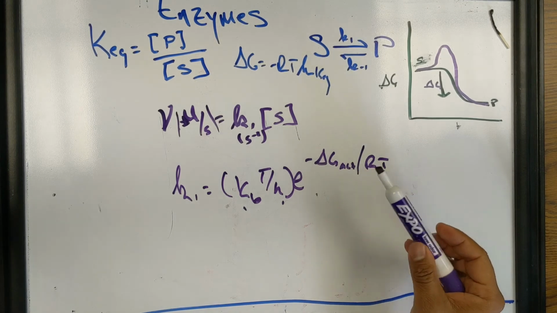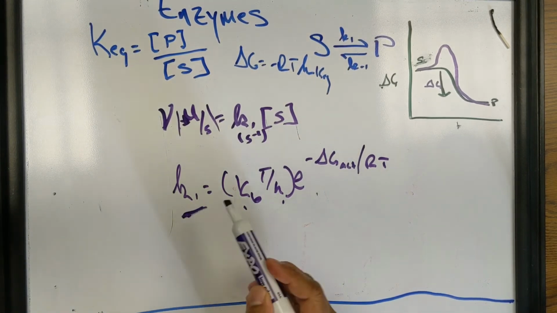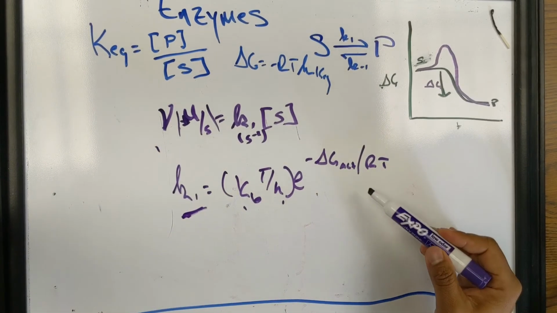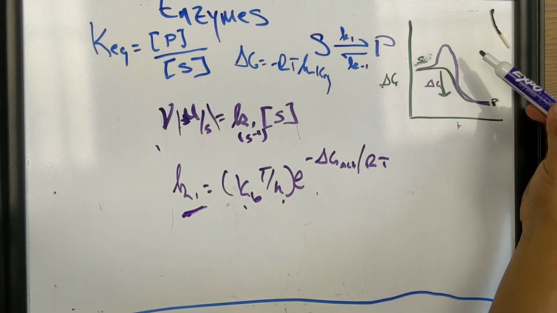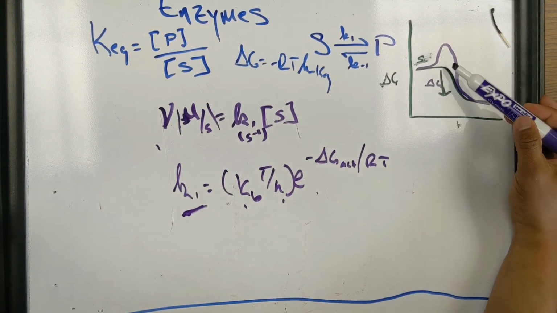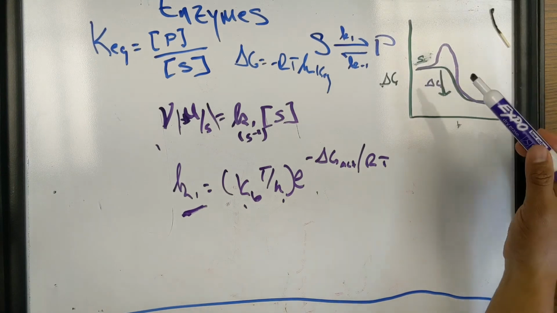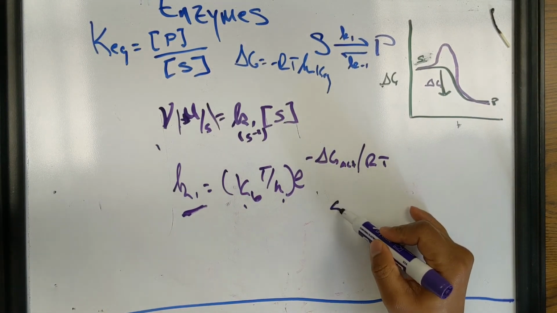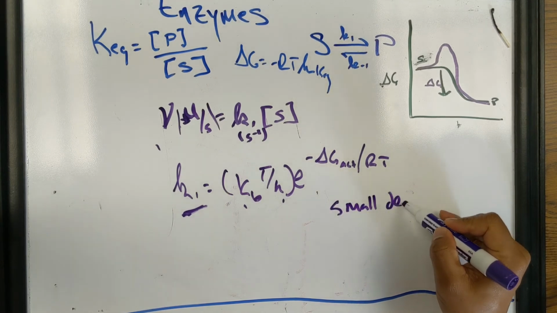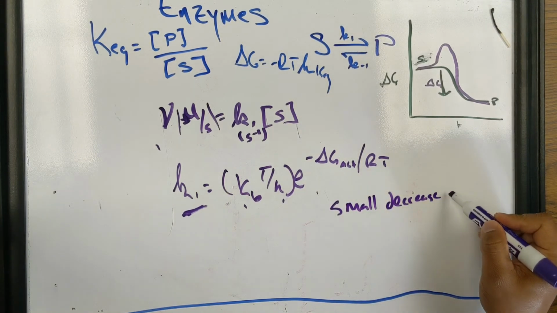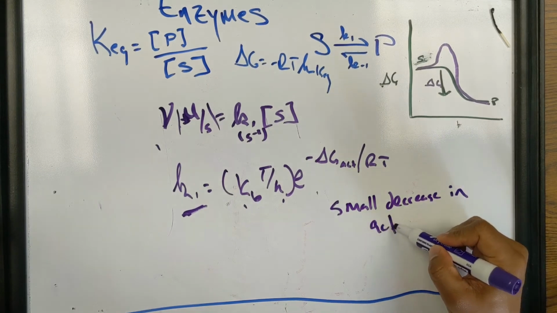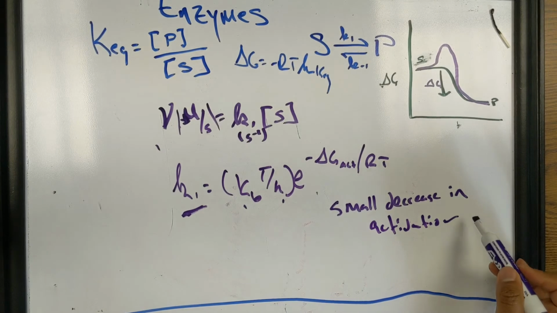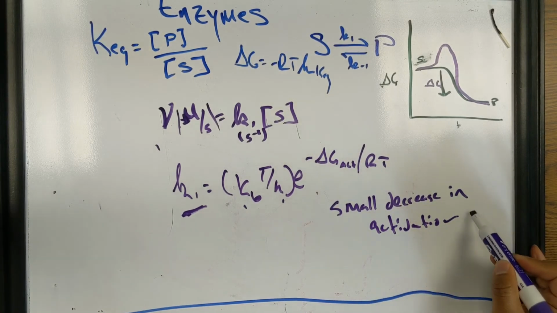And so what does this say? The rate of the reaction, the velocity of the reaction, is an inverse exponential function of the activation energy. And so a small decrease in the activation energy can lead to a large increase in the velocity or the rate of a reaction.